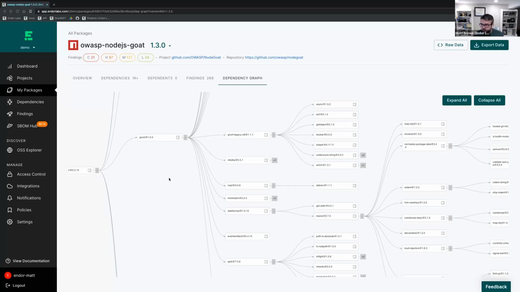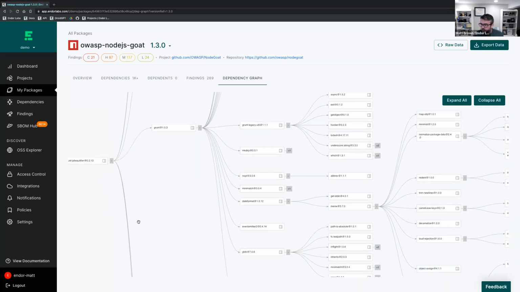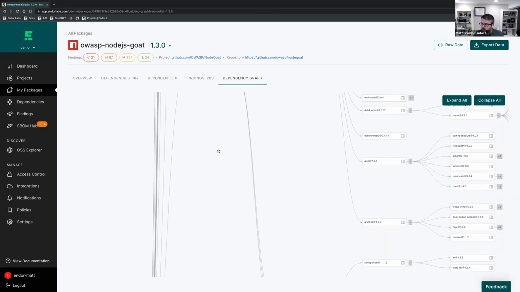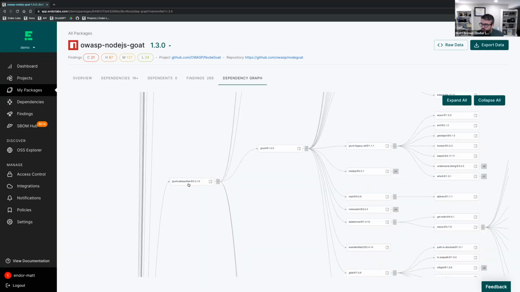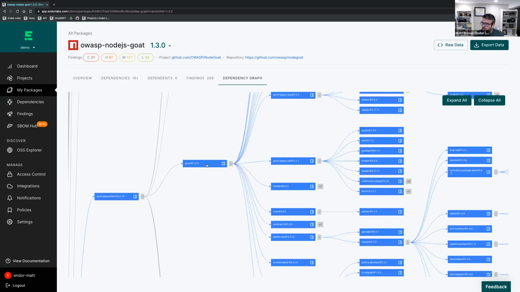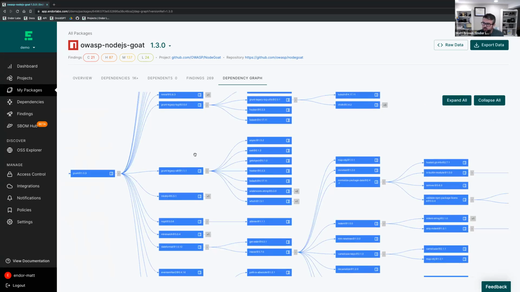A really good visual representation of this is a dependency graph. In a dependency graph, here's my application at the very root of it, and then I know I'm bringing in this component here. But look what this component brings in. Not a whole ton, but this one brings in a lot. Look at all these components that this one dependency brings in.